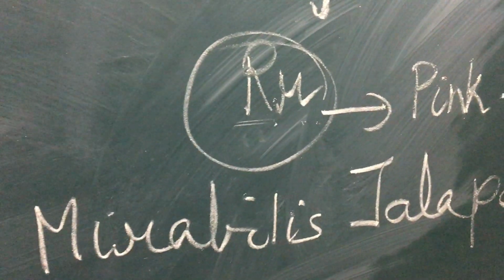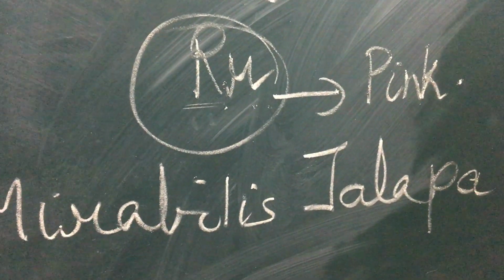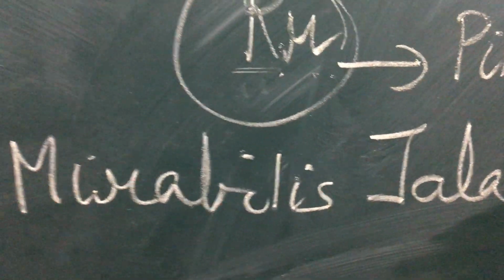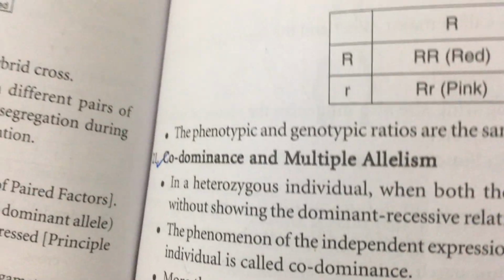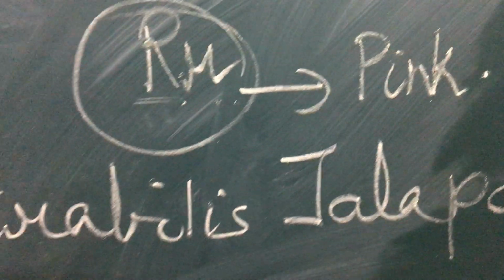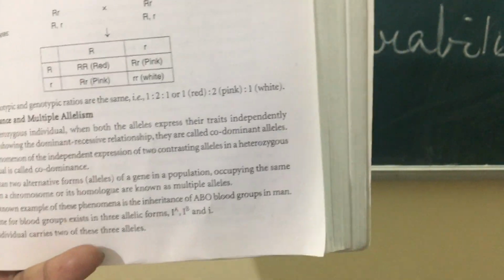Then another exception is codominance and multiple allelism. If you see your notes, it is written here, in a heterozygous individual, when both the alleles express their trait independently without showing the dominant recessive relationship, they are called codominant.